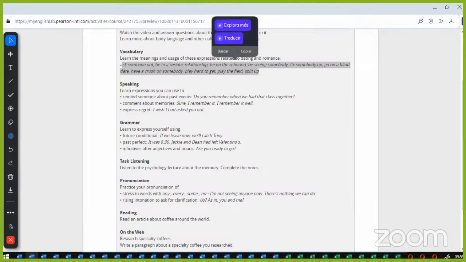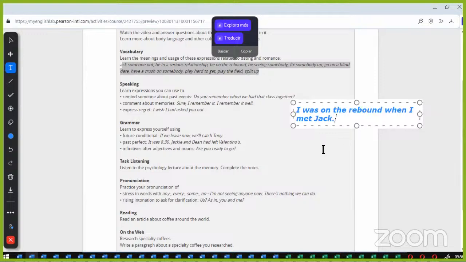So you could say, I was on the rebound when I met Jack. That means that in this case, the person was still affected emotionally by her previous relationship with somebody else.